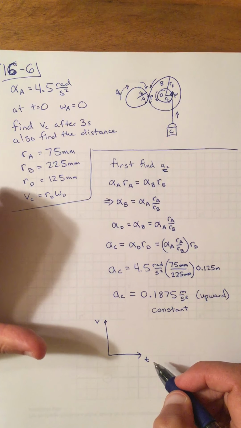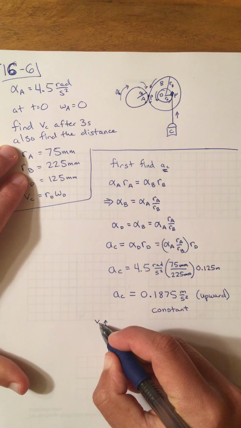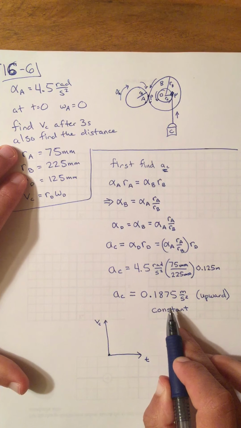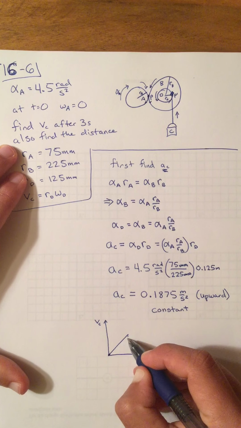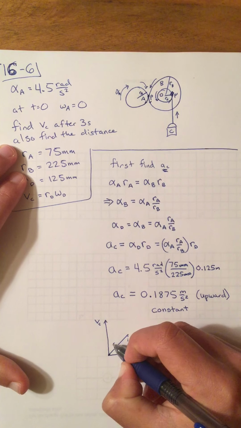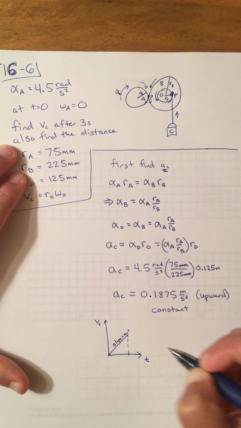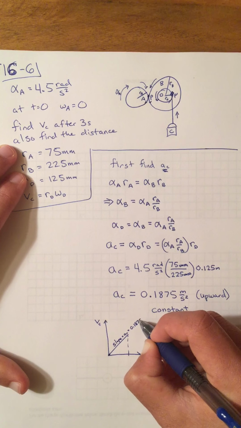Somewhere I was told that I was starting from rest, so the initial velocity is 0. The acceleration is the slope of the velocity versus time graph. So the slope is equal to the acceleration of 0.1875.